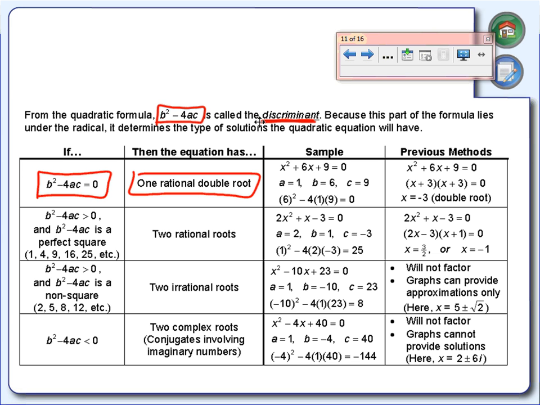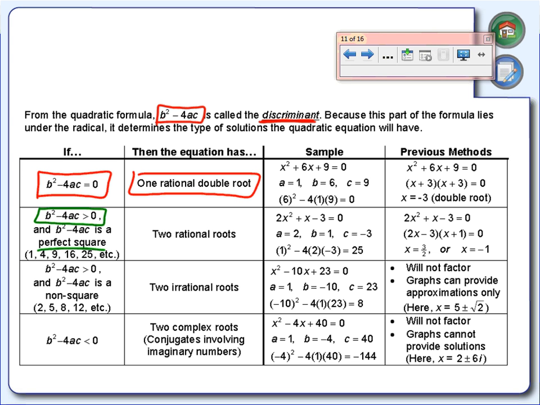The next thing we have here is if the discriminant is greater than 0, in other words, a positive number, and is also a perfect square, and they give you some examples of perfect squares, like 1, 4, 9, 16, 25, 36, 81, and so on.